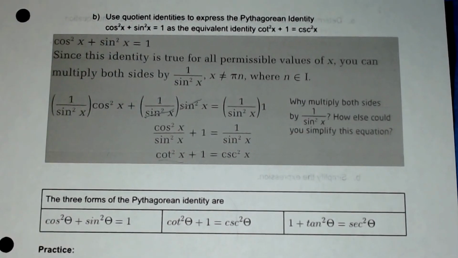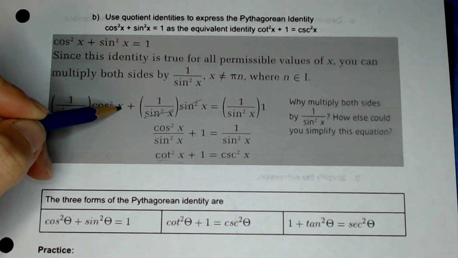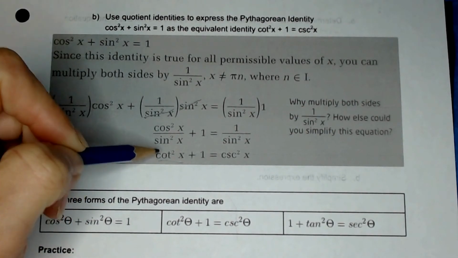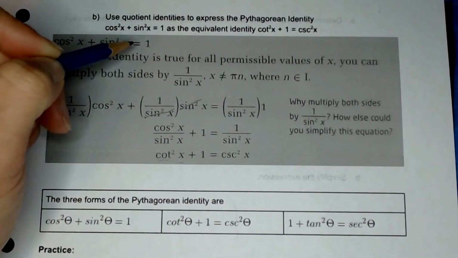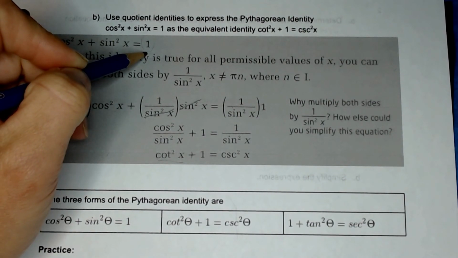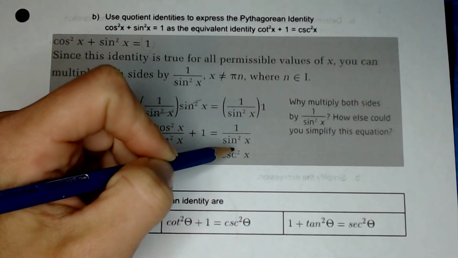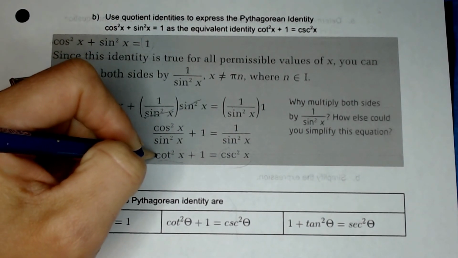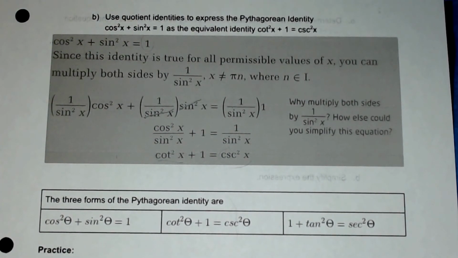You're just left with 1. And then we have our cos squared x over sine squared x, which equals cotangent squared x. And on the right-hand side, we're multiplying it by that original 1, and we get 1 over sine squared x, which is cosecant squared x. So this one and this one are equal, and you've proved it.